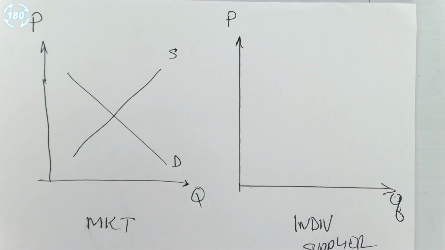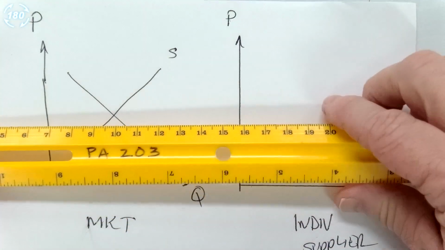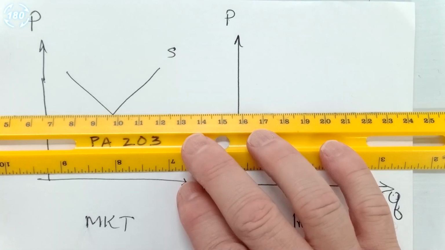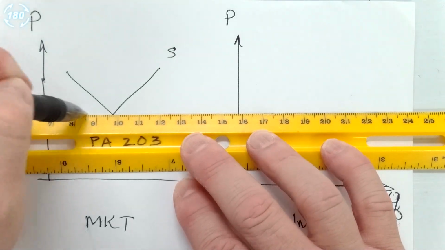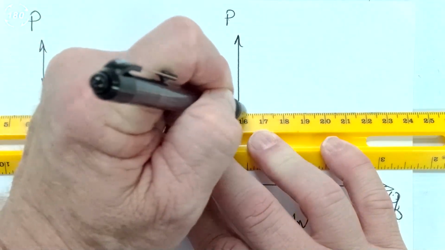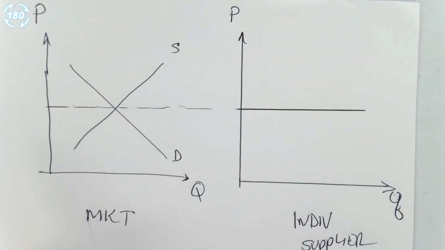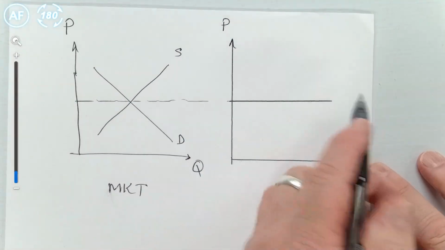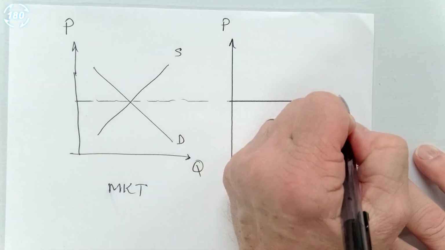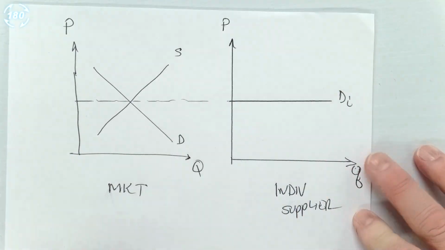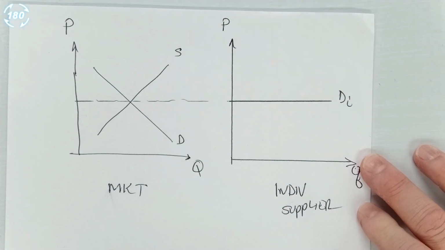Okay, so whatever's happening in the market over here will set a price that has to be accepted by the individual supplier. I drew a horizontal line over here that's called the D sub i, or individual demand curve. Okay, it's called the individual demand curve.